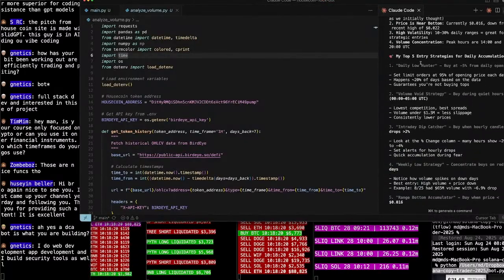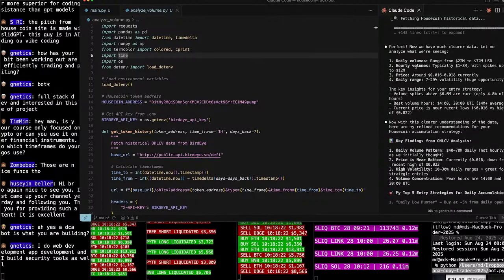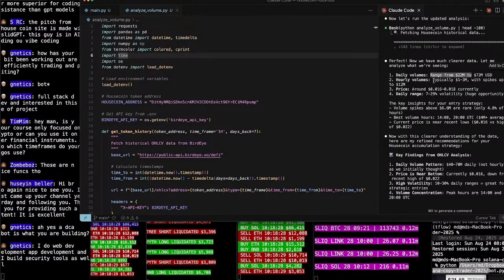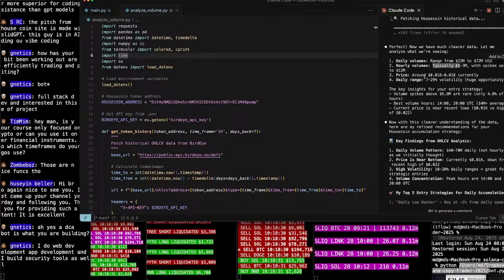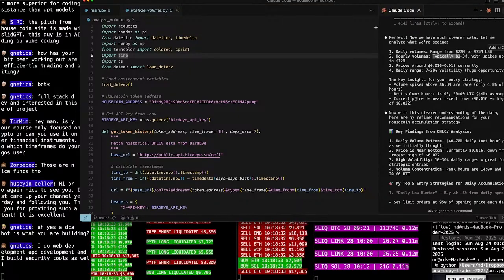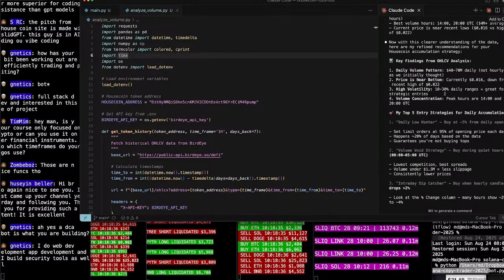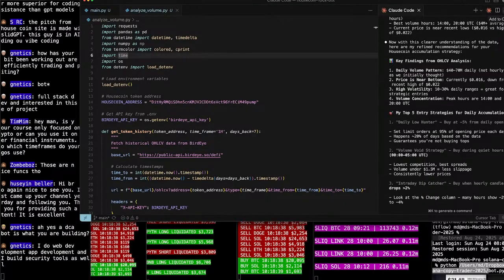Okay, let's go ahead and see what she said here. Perfect. Now we can see the data much clearer. Let me analyze what we're seeing. Daily volume range from 22, typically 1 million. Price around. The key insights from your entry strategy. Volume spikes. This isn't correct. I know it's not correct. So go ahead to see that volume here.